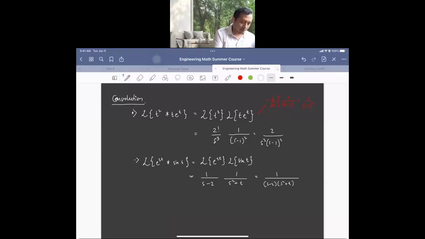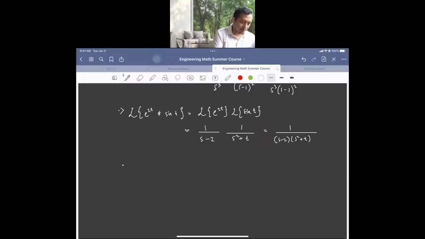And what else? I think a typical question is if we have the Laplace, but inside is an integral, for example, starting with e^tau.